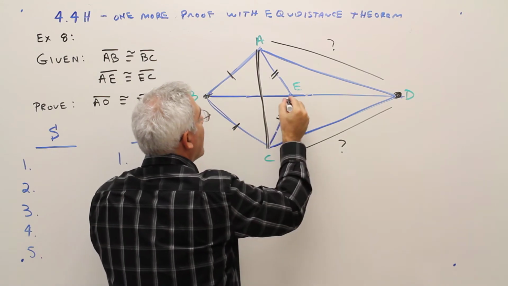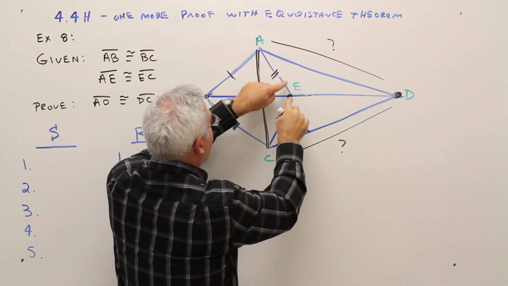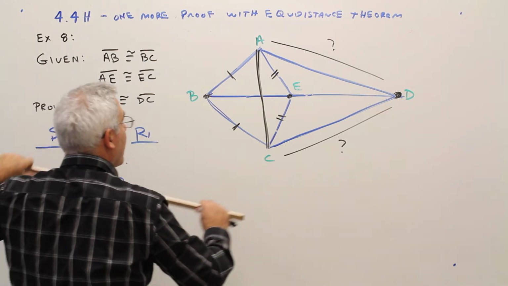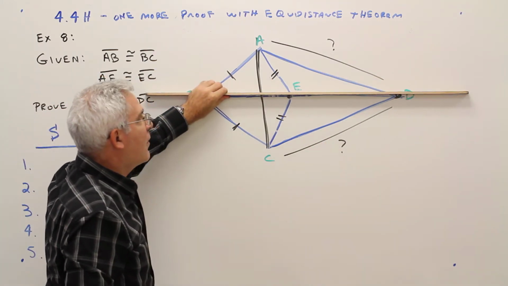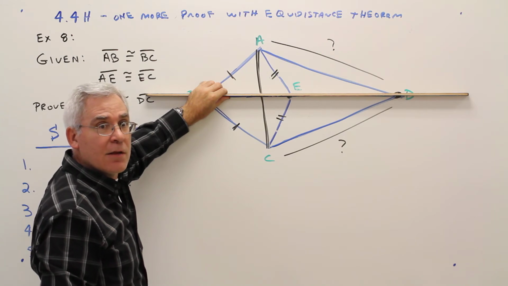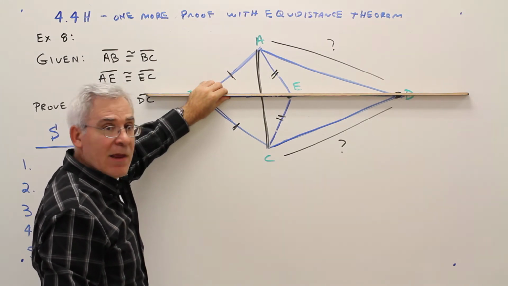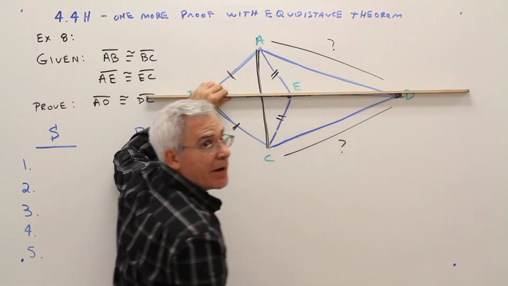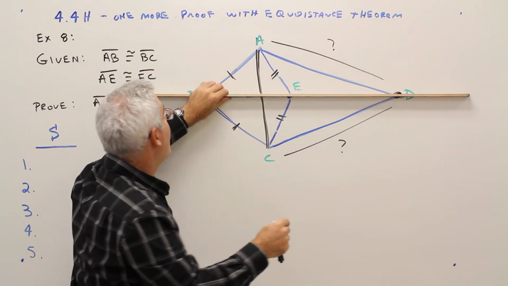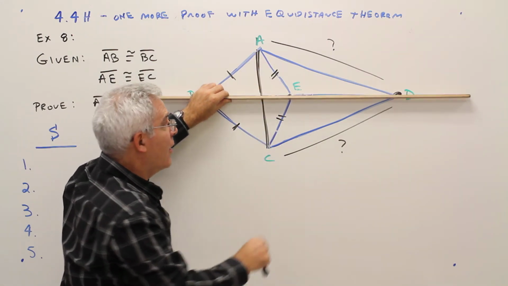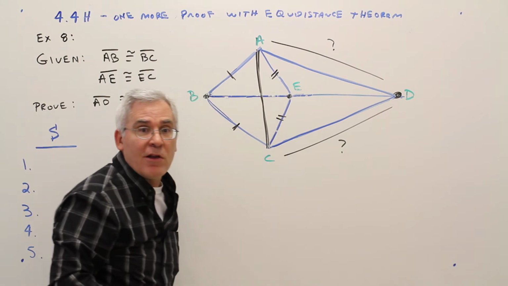Point E is now equidistant to those endpoints. So that means this is a perpendicular bisector of AC, which then means every point on that perpendicular bisector is also equidistant to the endpoints A and C, which is exactly what I'm trying to do.